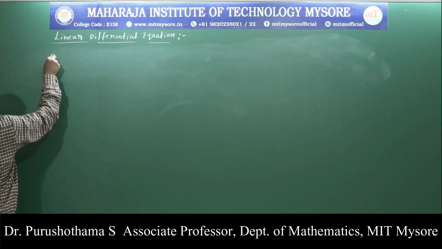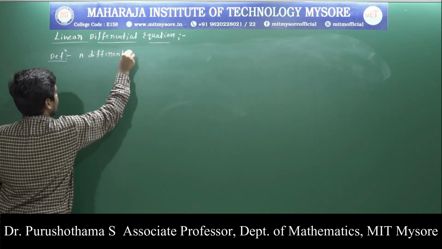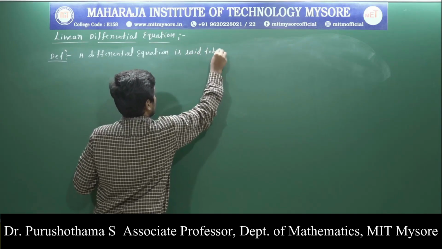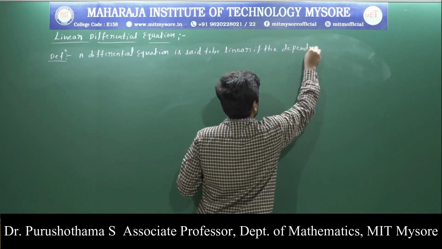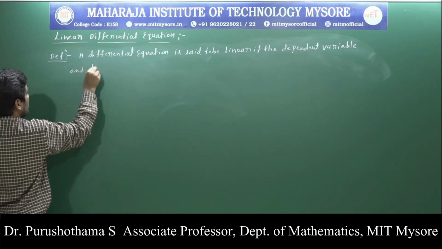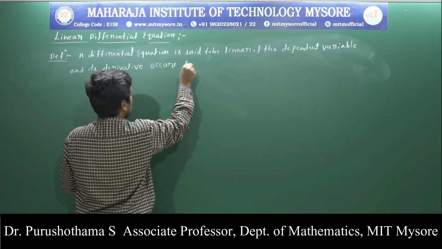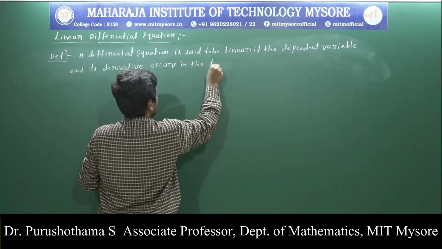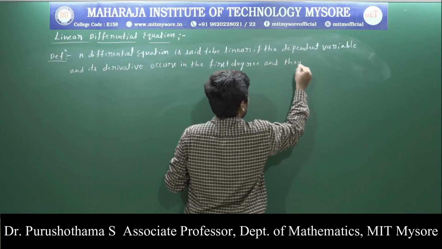Definition is: a differential equation is said to be linear if the dependent variable and its derivative occur in the first degree only, and they are not multiplied together.